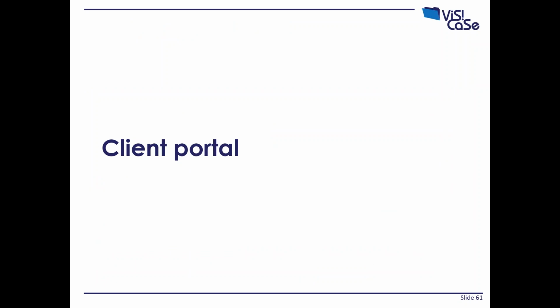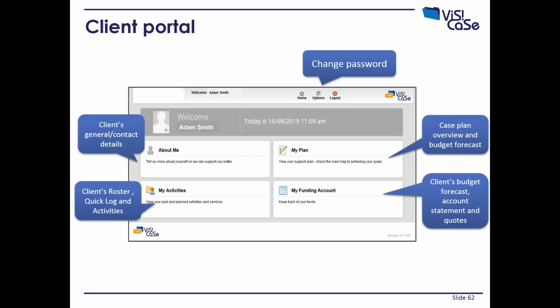Client portal. We've updated the client portal. We've fixed a few issues that we've had with it, which expanded the visibility, which it shouldn't have. And we've given the ability for clients to change their passwords. So from the client portal, they have 4 sections. One is the client's general contact details and general details about the client.